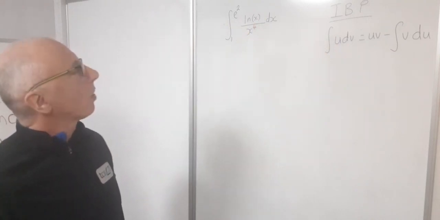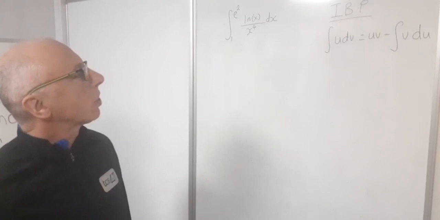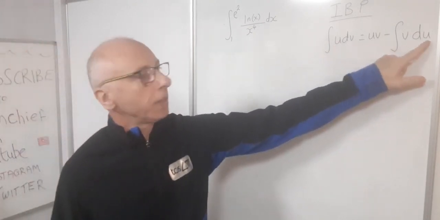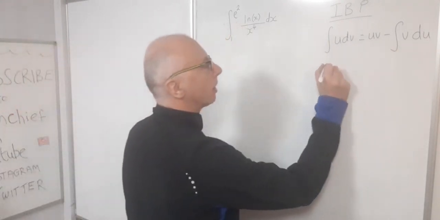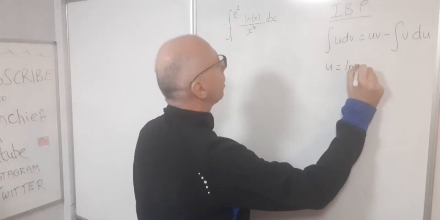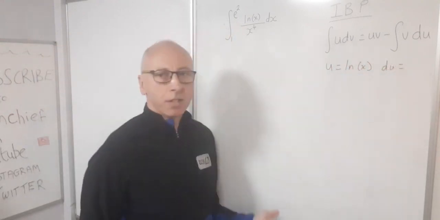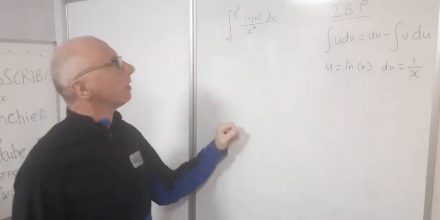Well, log of x, I don't really want to integrate that, so I'm going to let that be the function I'm going to take the derivative of. So as I've got u and du, I'm going to let my u be log of x. So u equals log of x. Therefore my du, that's a simple derivative, is just 1 over x.